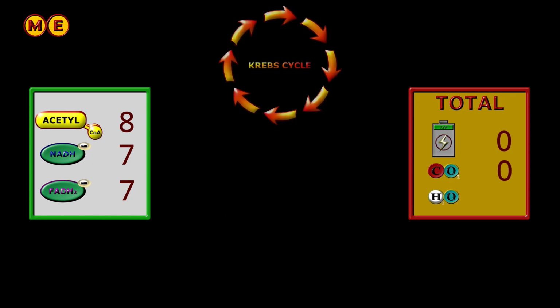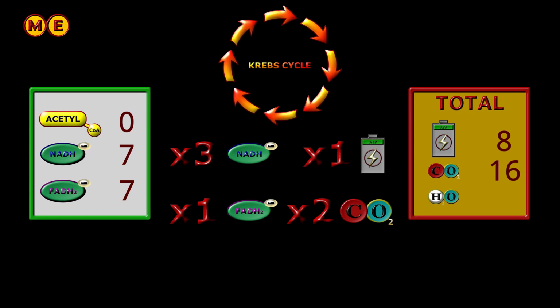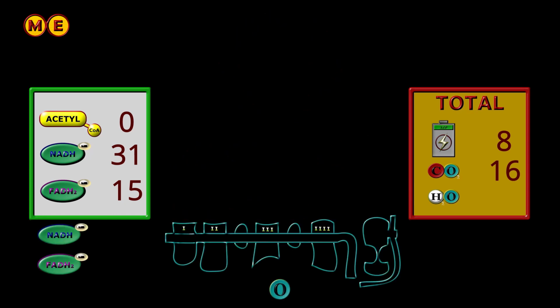After that, those 8 acetyl-CoAs enter the Krebs cycle, where for each acetyl-CoA we get 1 ATP, 2 CO2s, 3 NADHs and 1 FADH. Which means that from these 8 acetyl-CoAs we will get 8 ATPs, 16 CO2s, 24 NADHs and 8 FADHs. So now for the electron transport chain we already have 31 NADHs and 15 FADHs.